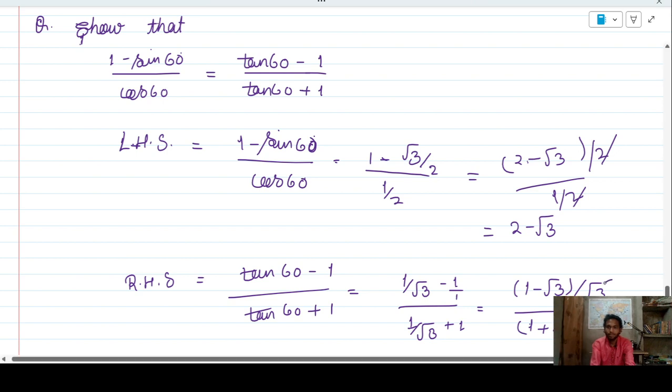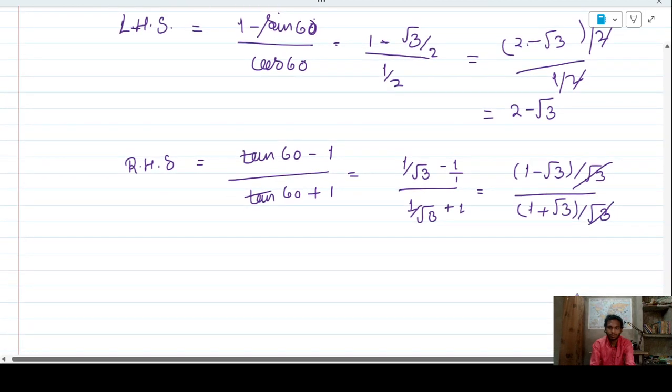Solve by LCM; root 3 is common and cancels because these are denominators, equals 1 minus root 3 upon 1 plus root 3.